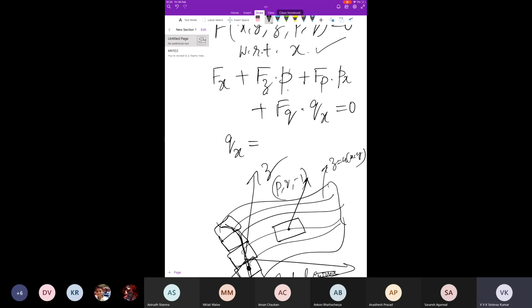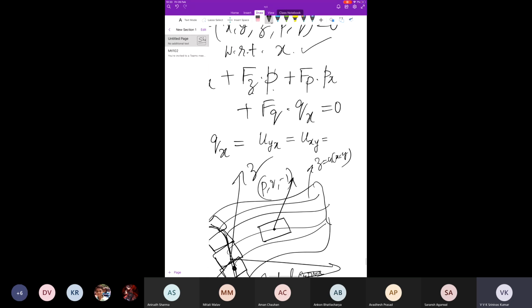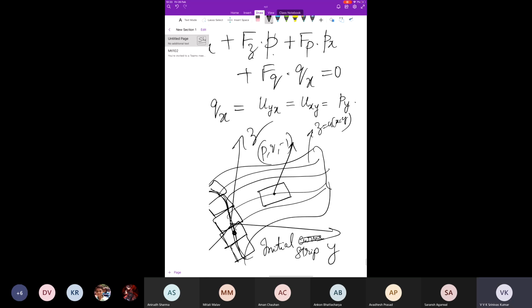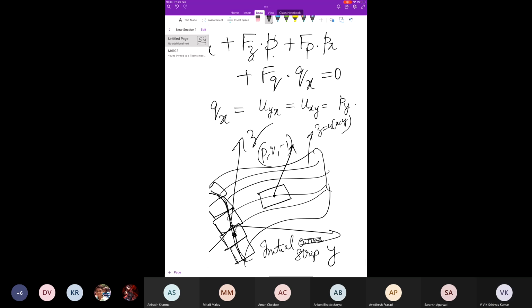Qx, already q is uy, so this is equal to uxy. Okay, and mixed derivatives are equal, so this is py. You can replace qx by py.